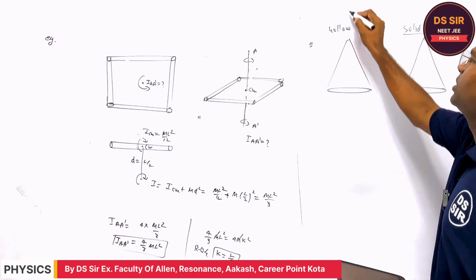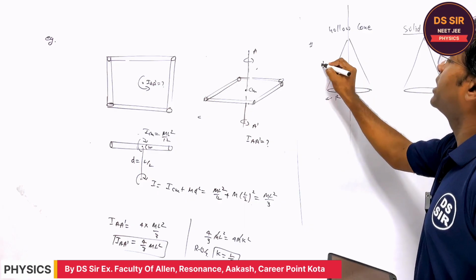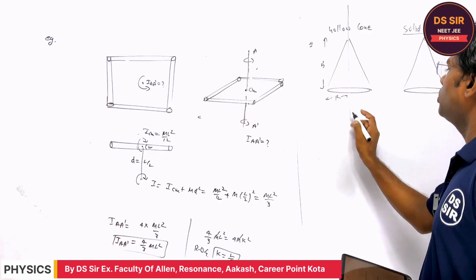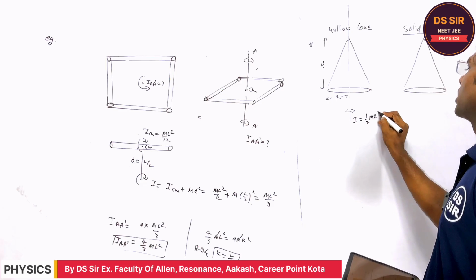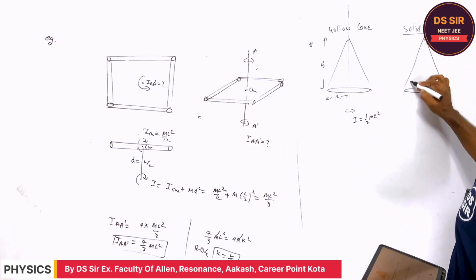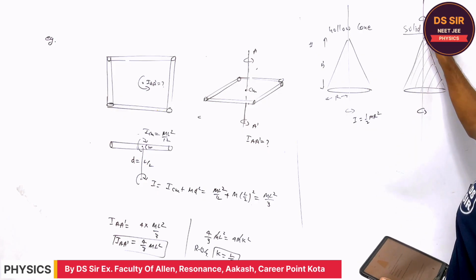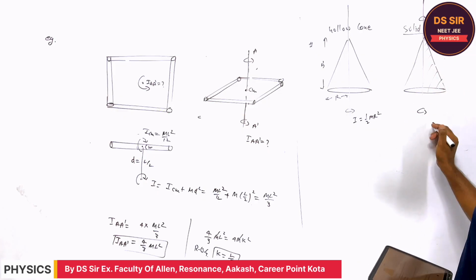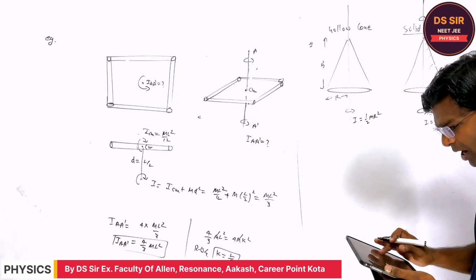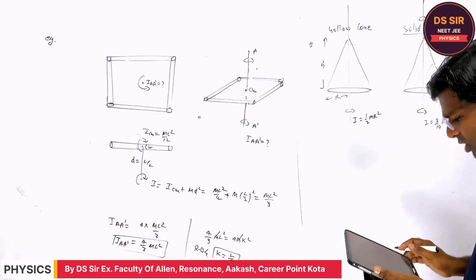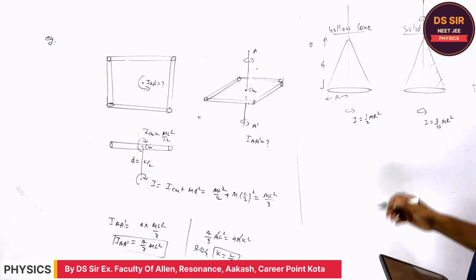For the hollow cone, if this is the radius r and this is the height h, about this axis the moment of inertia is half MR square. Is it clear or not? And this is the solid cone. You must remember the moment of inertia when it is rotating like this, it is equal to 3 by 10 MR square. You have to remember this. 3 by 10 MR square is for the solid cone.